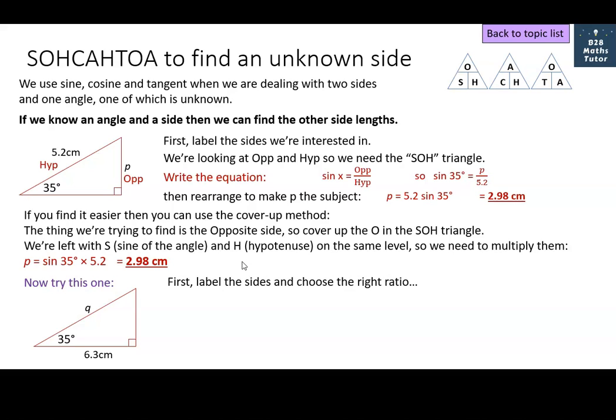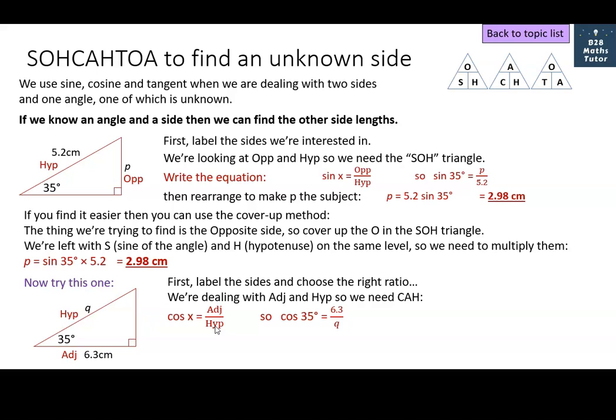First, you label the sides. We've got Q opposite the right angle. That's the hypotenuse. And then we've got the 6.3. It's not opposite the angle, is it? That would be this one here. So it's the adjacent. We're dealing with adjacent and the hypotenuse. So we need the CAH triangle. Cos of x is adjacent over hypotenuse.